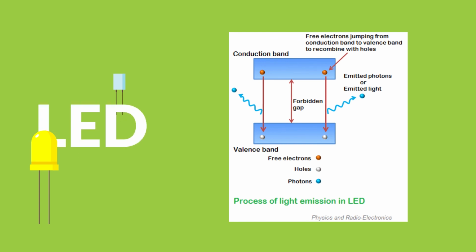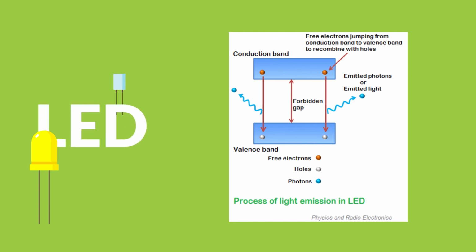Thus, the photon released has high energy, which emits high frequency light that can be visible to the human eye, or lower to be infrared, or even higher to be ultraviolet.